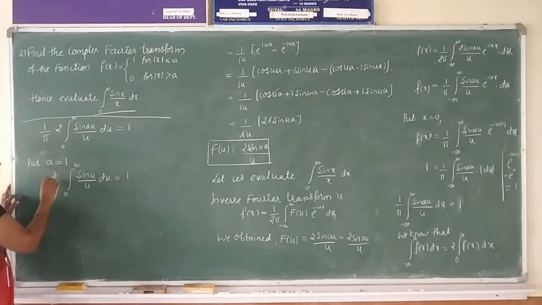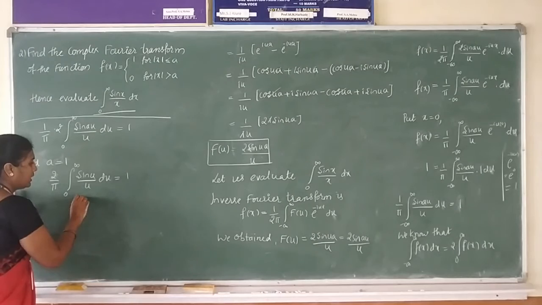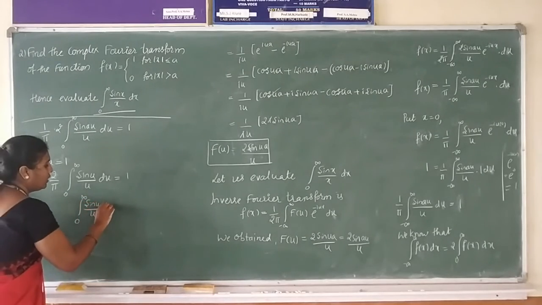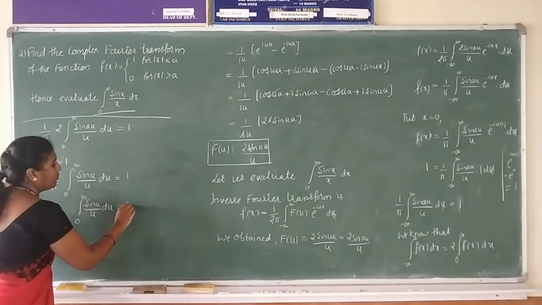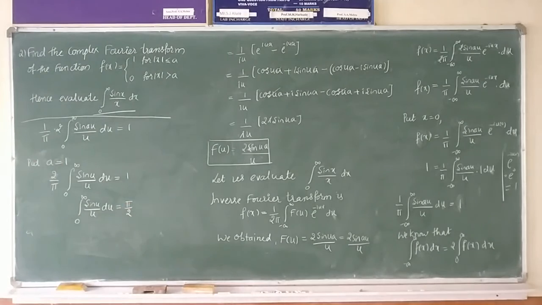Next, transferring this 2 by pi to the LHS, we get integration 0 to infinity sin u upon u into du equals pi by 2.